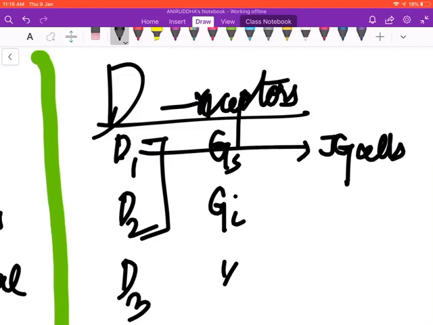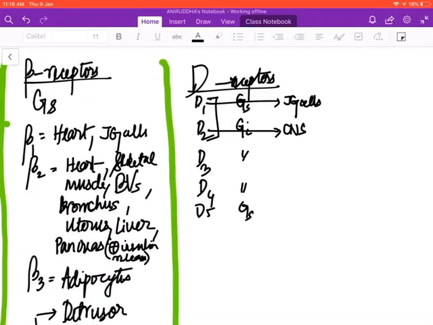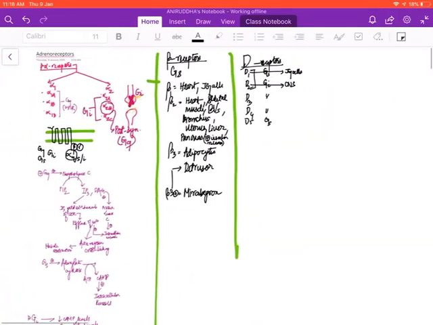Okay, and D2 are primarily found in the CNS, where they inhibit the release of dopamine, and it's very important in a variety of CNS diseases, and I'll cover that in the CNS portion. Okay, so that's that. I'm keeping this video short.